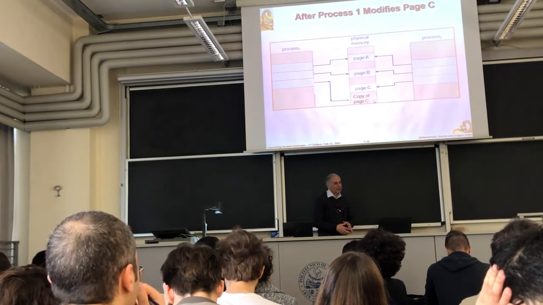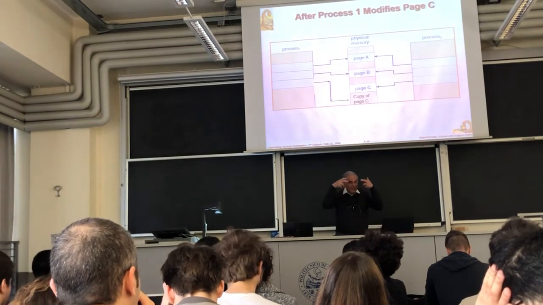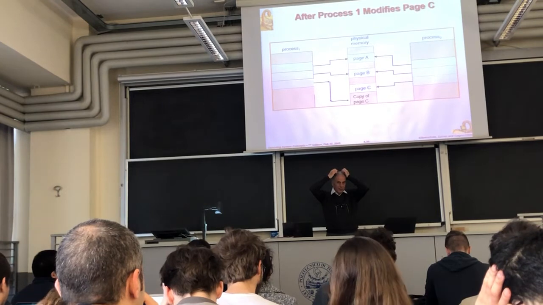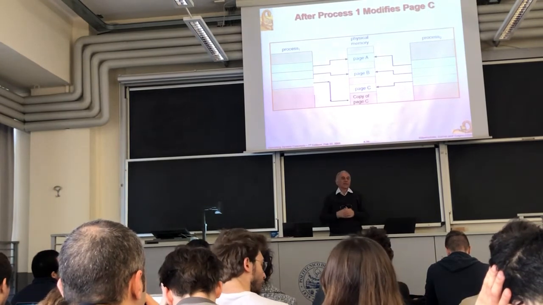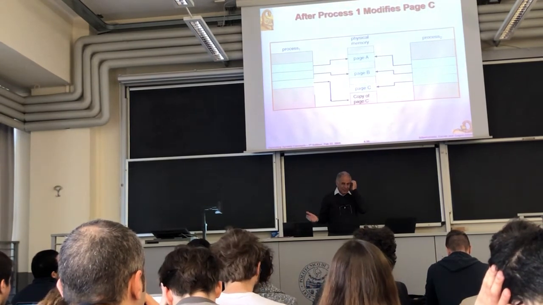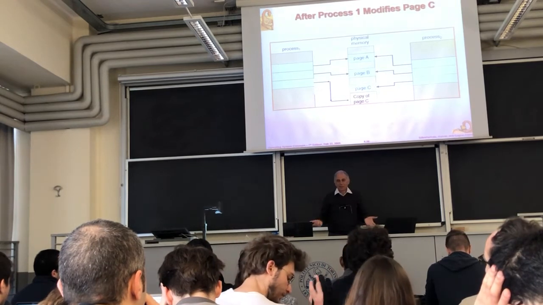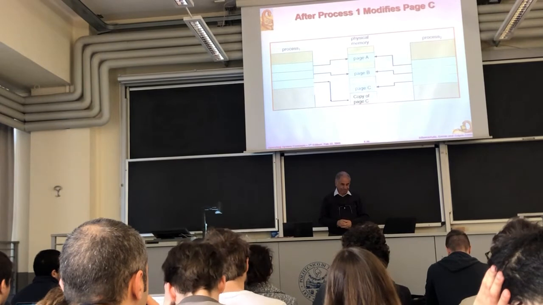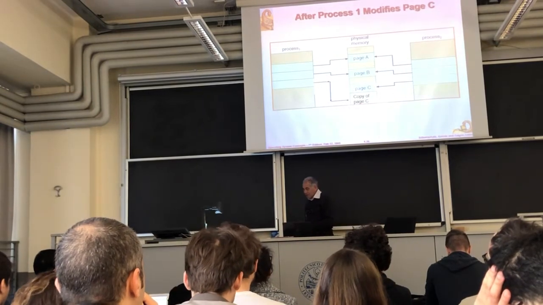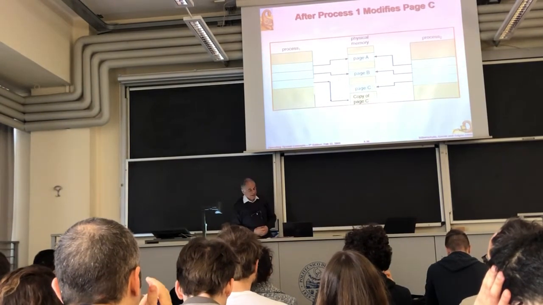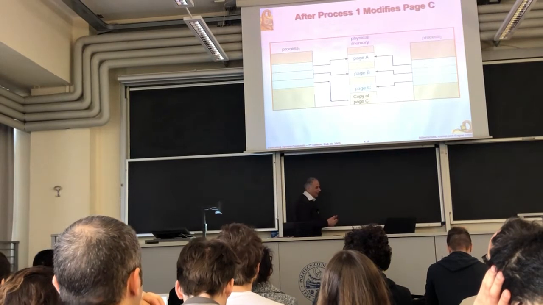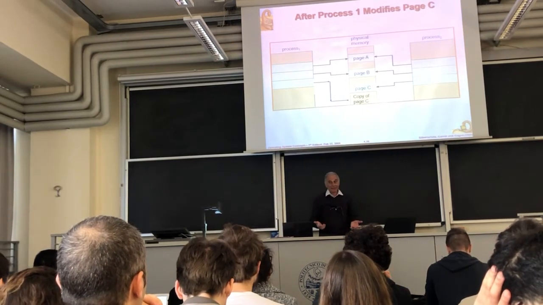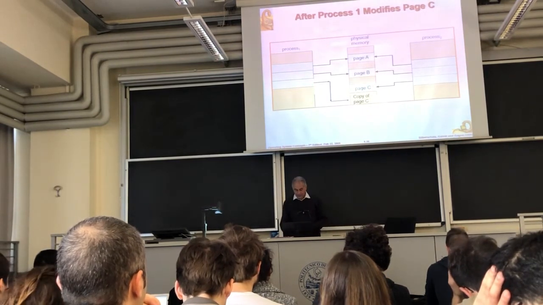It's not important. By the way, at this point, the two processes share as much as possible the other pages that did not change, but have to work on different pages. Okay? So this is the mechanism for the economy of frames in memory, which are, of course, important.